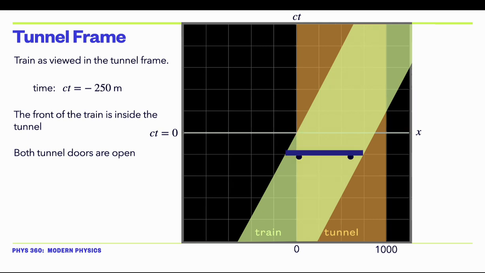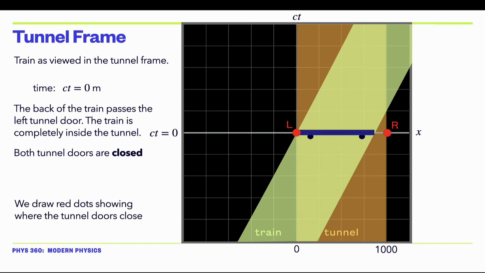Now if we let time evolve, we're at a time of ct minus 250 meters. The left side of the train moved from here over to there. Again, time goes up the page, so it's getting farther into the tunnel. Only a little bit is now sticking out of the tunnel. Most of the train is inside the tunnel. Both doors are open. And now at time t equals 0, the train is on the x-axis, the ct equals 0 line.